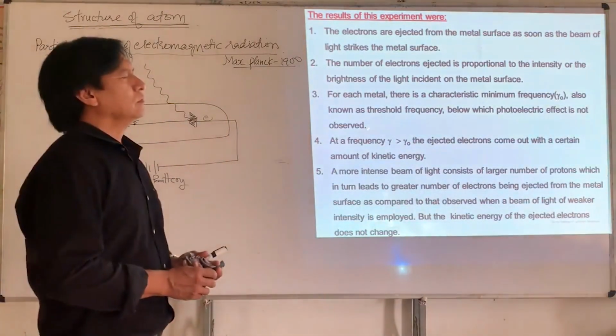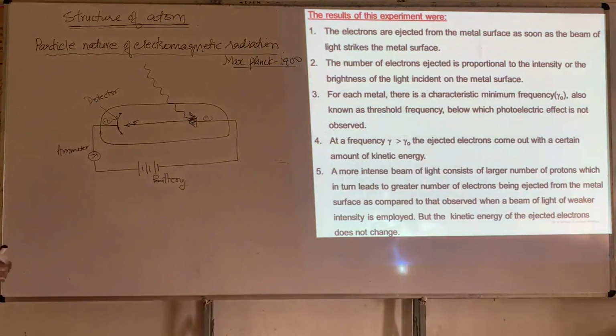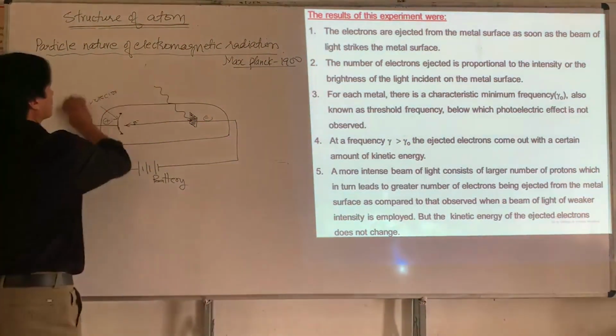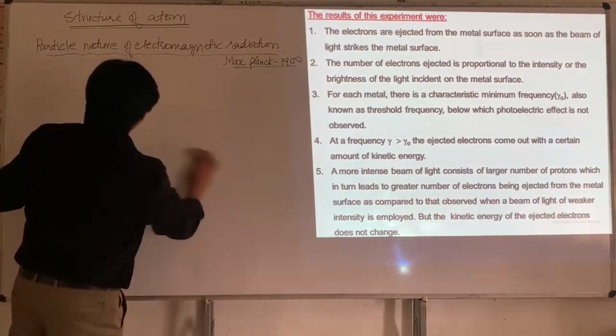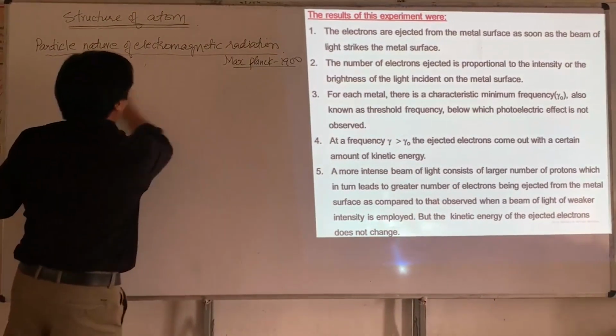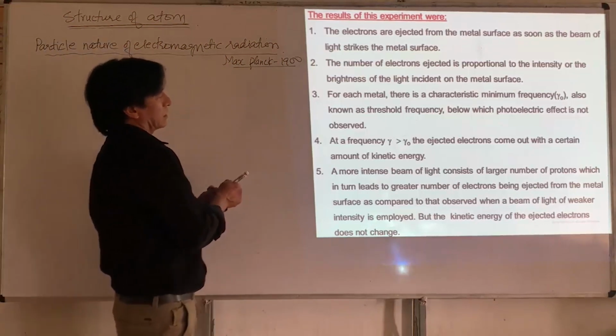Now, there is another explanation to this, based on the energy of the beam of light striking the metal surface, and then the amount of energy that is required to remove the electron from the metal surface. And this is according to Einstein.